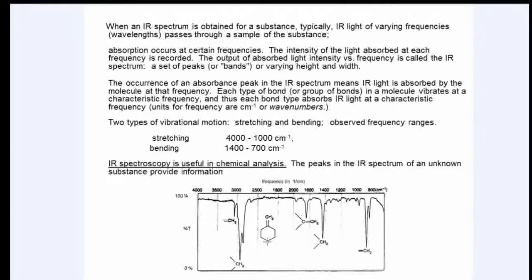We're going to get an IR spectrum for this compound, and what we do is pass a beam of IR radiation through the sample molecules. Now, this IR beam covers a wide range of IR frequencies, from low to high values, and all frequencies in between.